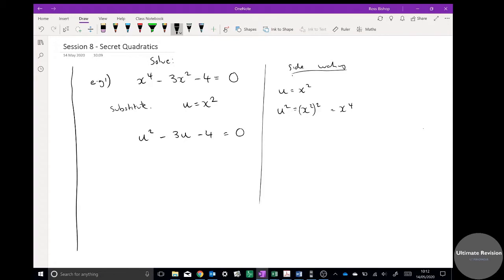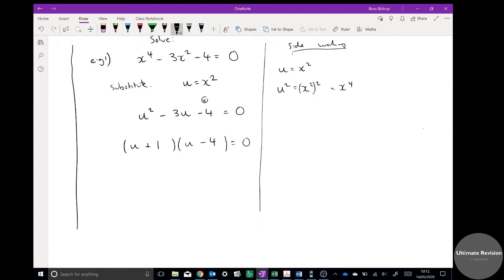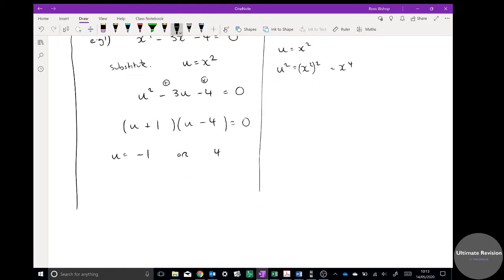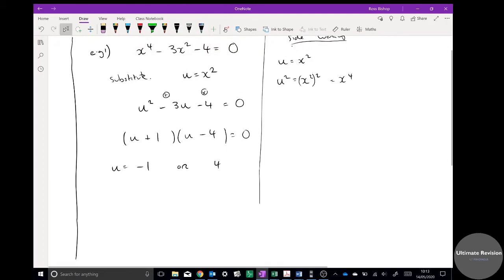I've now changed this into a quadratic, which I can solve using all the tools from before. This one will probably factorise. We're going to get a minus 4 and a plus 1. That does work: times to minus 4, adds to minus 3. So my u is going to be either minus 1 or 4. I don't stop there because my actual answer was x, not u.